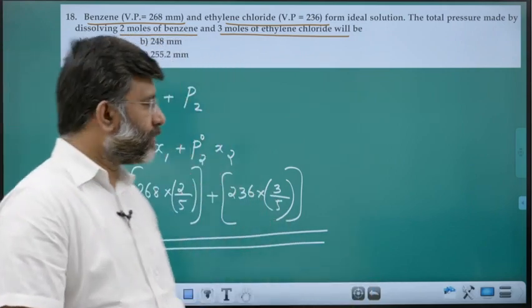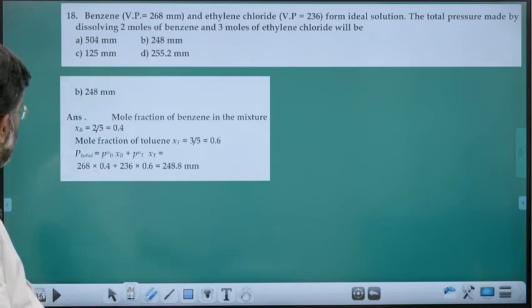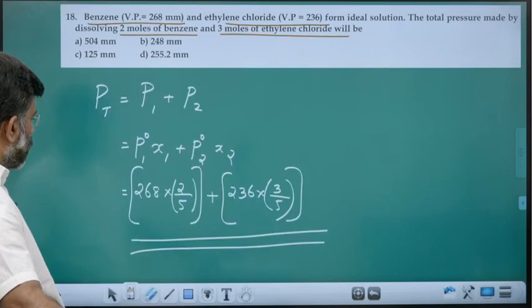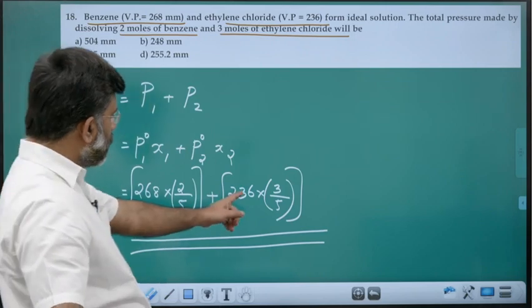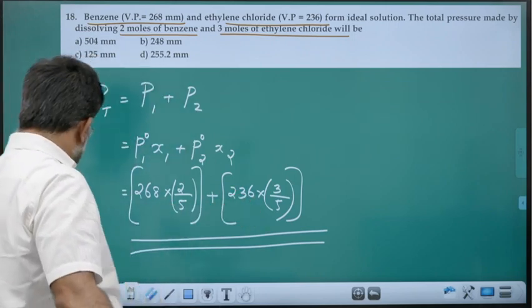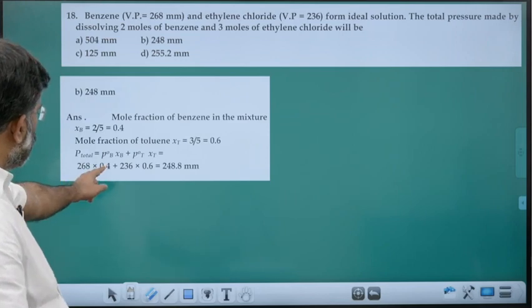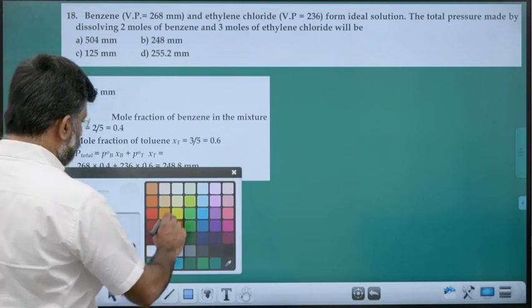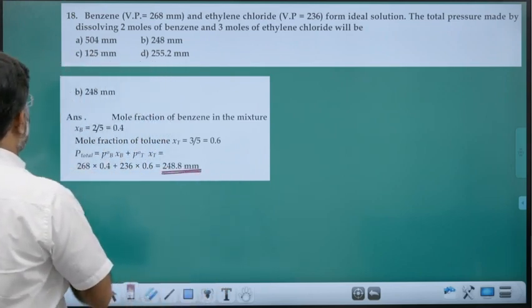So how much does it arrive at? 268 into 0.4, plus 236 into 0.6. So 268.4 plus 236.6 will take you to the answer, 248.8.